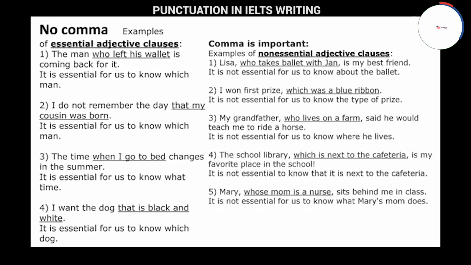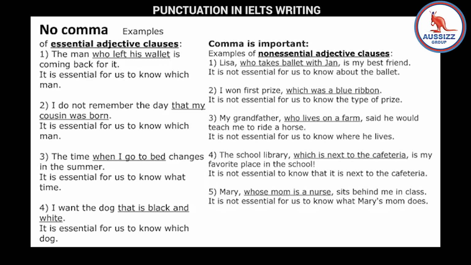Now, if I am adding this information, I or anybody can feel that this information is non-essential. The underlined clause is not important to be a part of it, right? So it is non-essential for us to know what Lisa is doing. Simply, if I'm telling you Lisa is my best friend, whatever she is doing, it's fine.